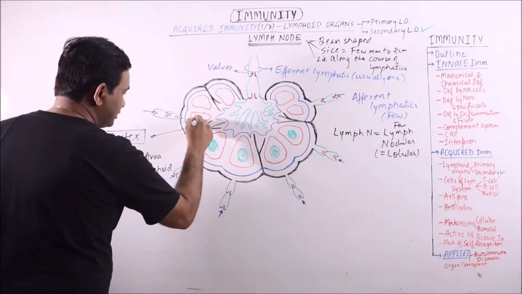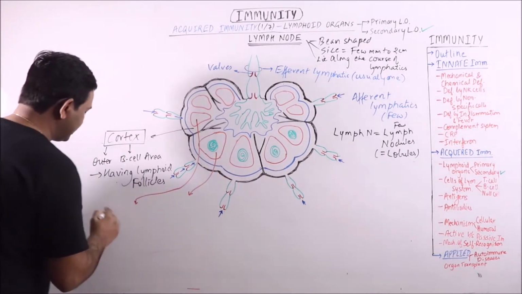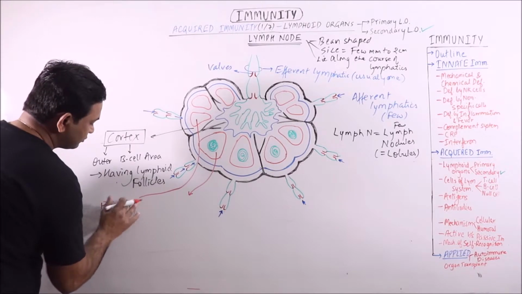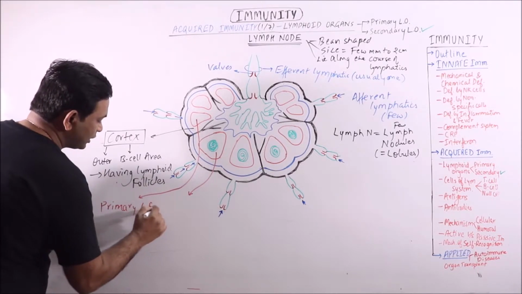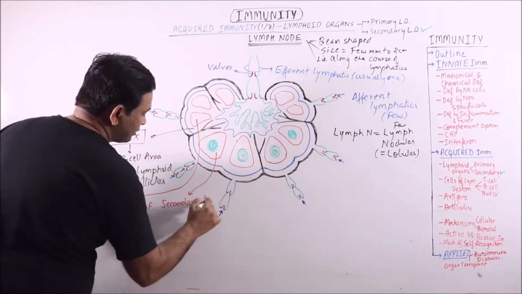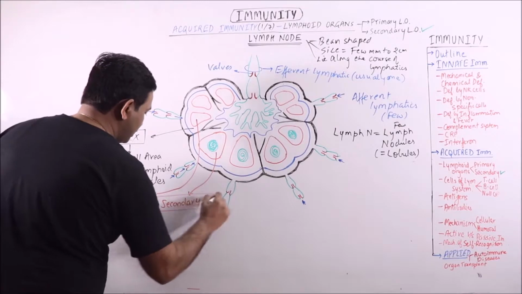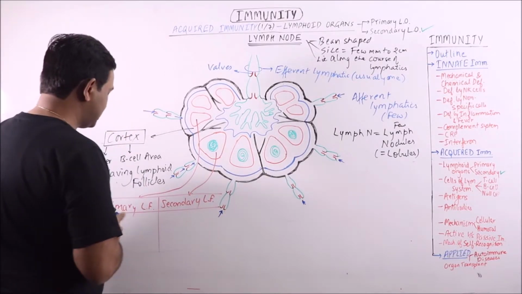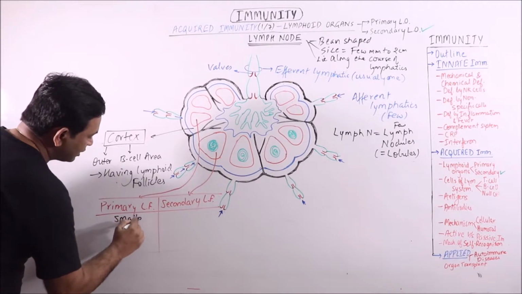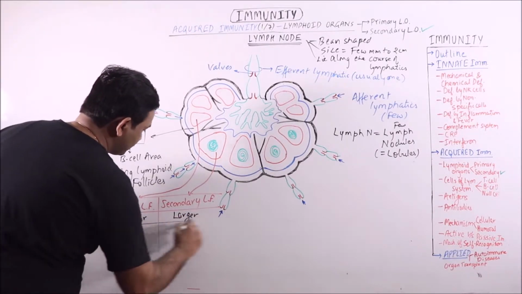We can observe that this is first type of follicle and this one is another type of follicle. These are primary lymphoid follicles and these are secondary lymphoid follicles. If we compare these follicles, then primary follicles are smaller in size while secondary follicles are larger in size.